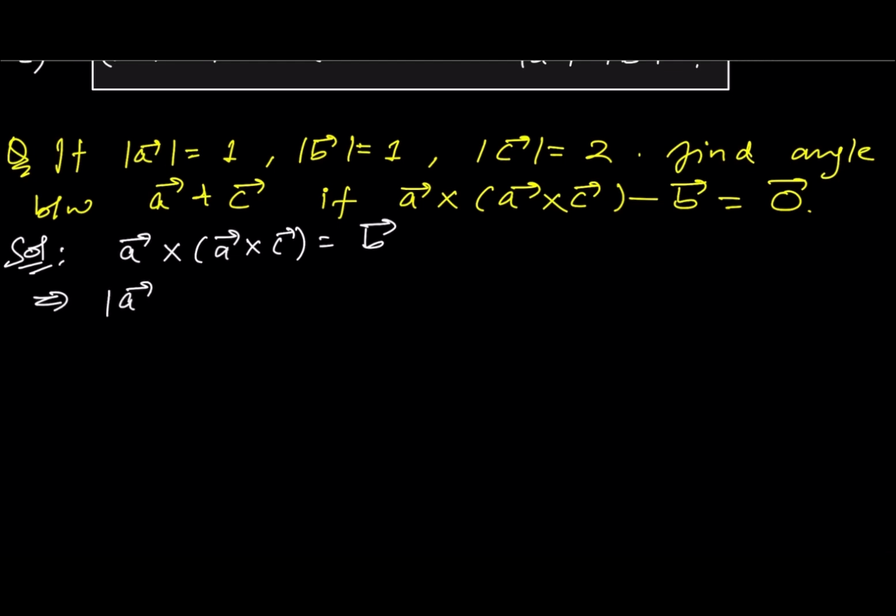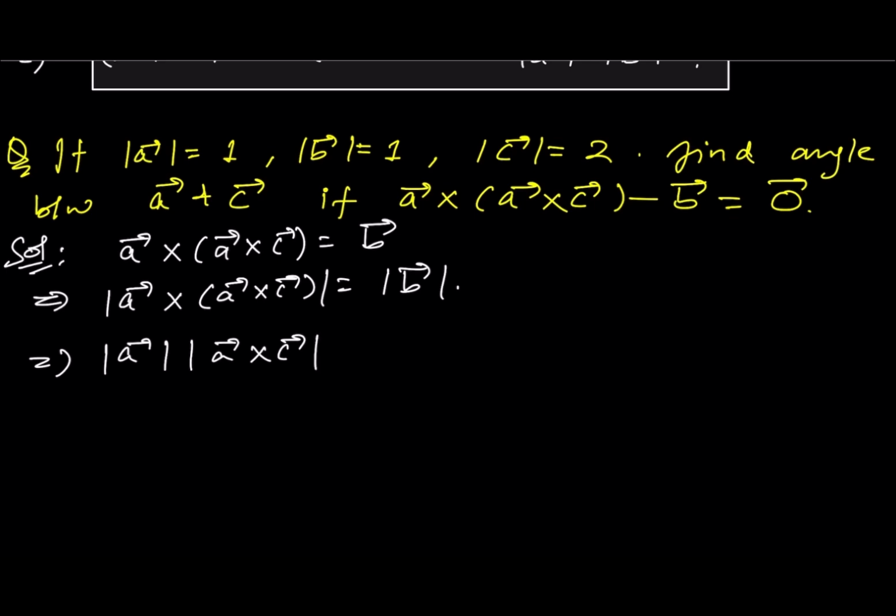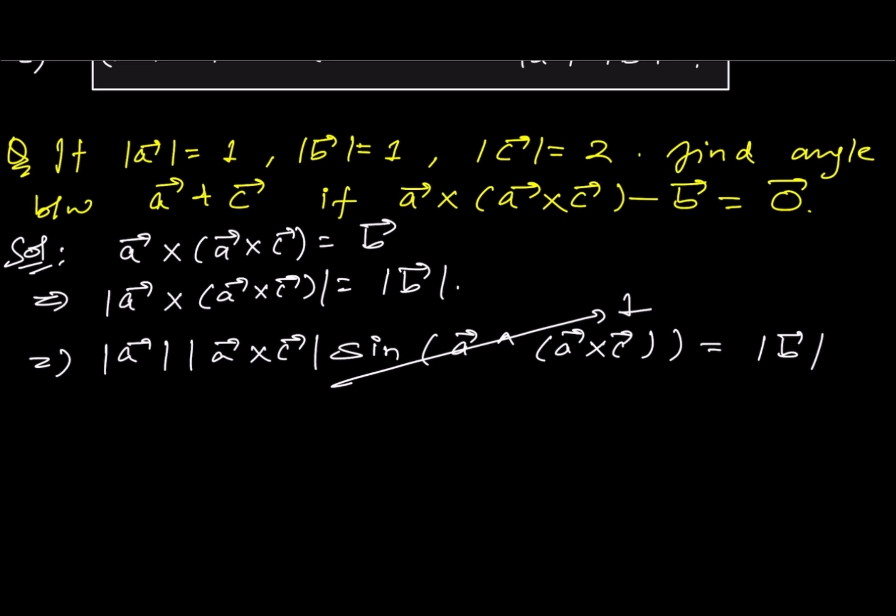So mod of A cross C is equal to mod of B, and after expanding, this will be mod of A into mod of A cross C into sine 90, or sine of angle between A vector and A cross C, which is 90, right? Cos angle is 90, right?